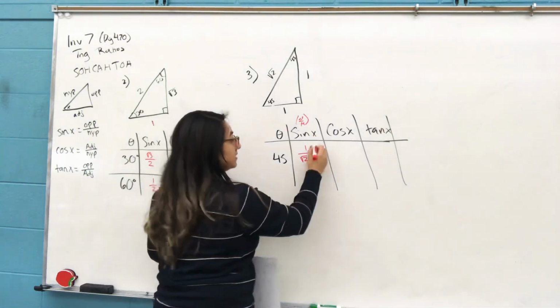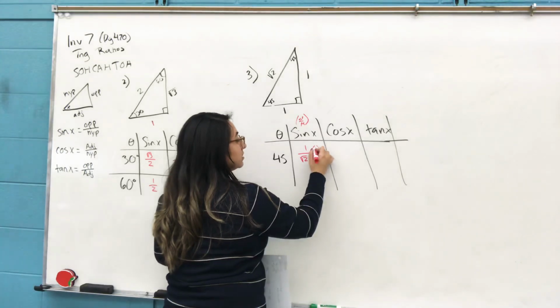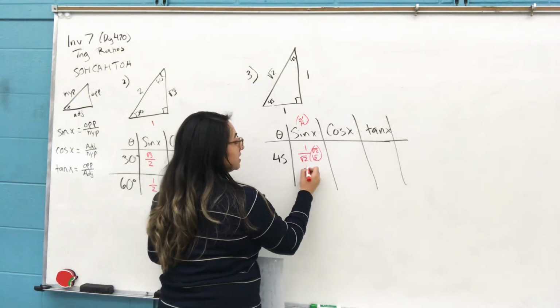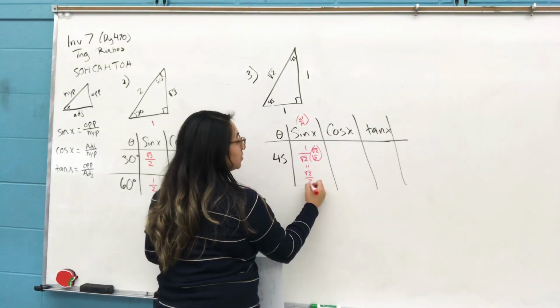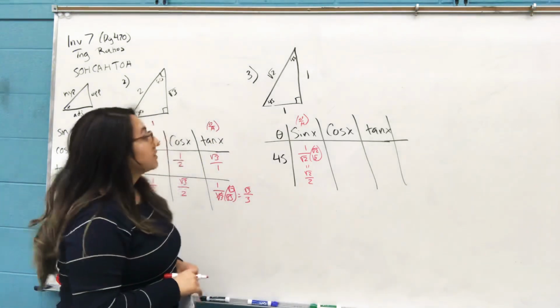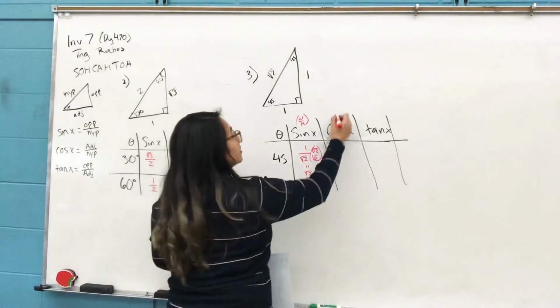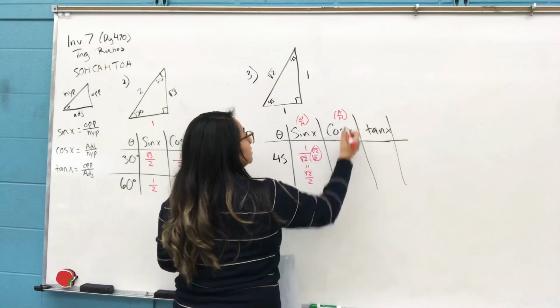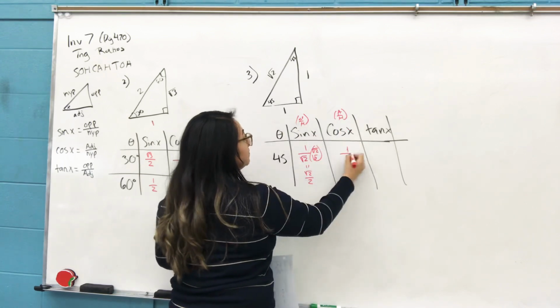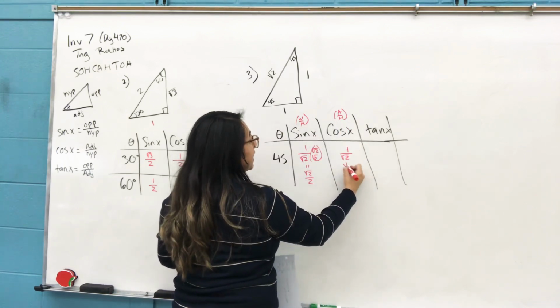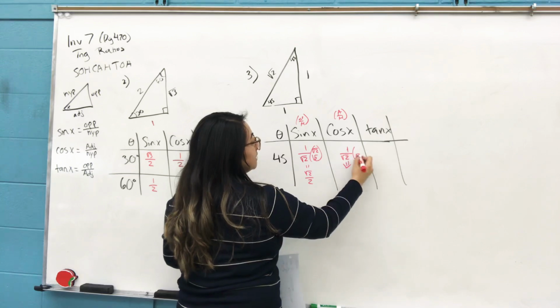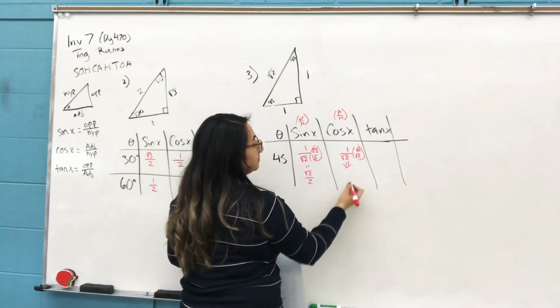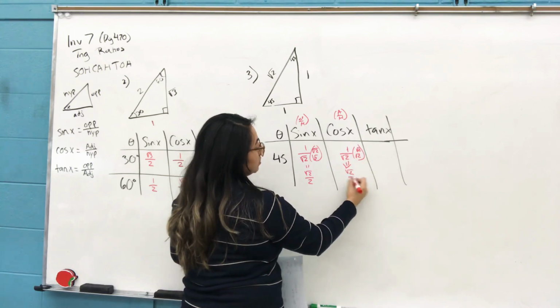You can't have a radical in the denominator, so you rationalize it, and you get radical 2 over 2. Cosine is adjacent over hypotenuse. The adjacent side is 1 again, and then radical 2. You can't have a radical denominator, so you rationalize it, and you get radical 2 over 2.